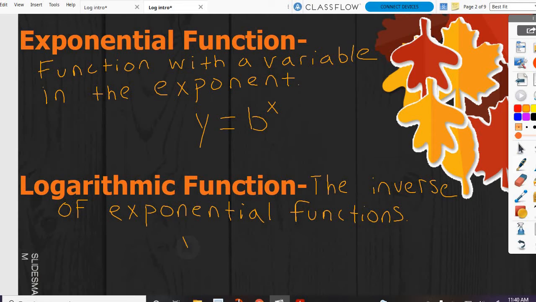And remember that those look like y equals log base b of x. So our log and our x are on one line, and then our b is a subscript, so it's below those other two. So you read it as log base b of x.